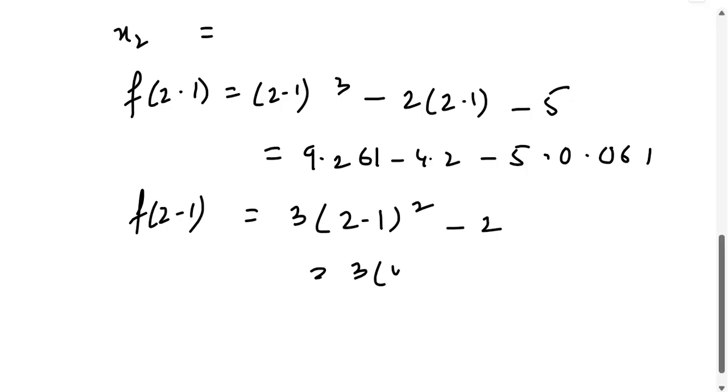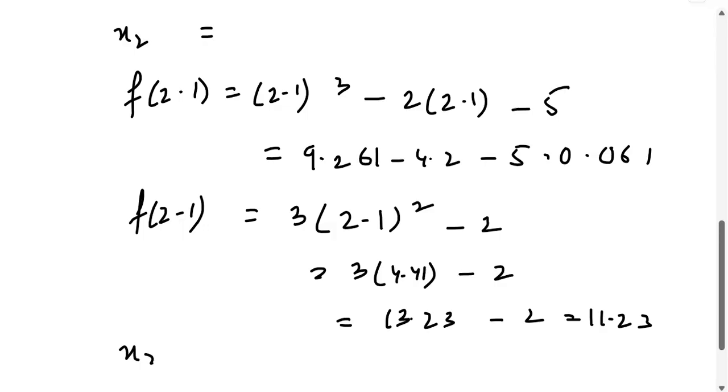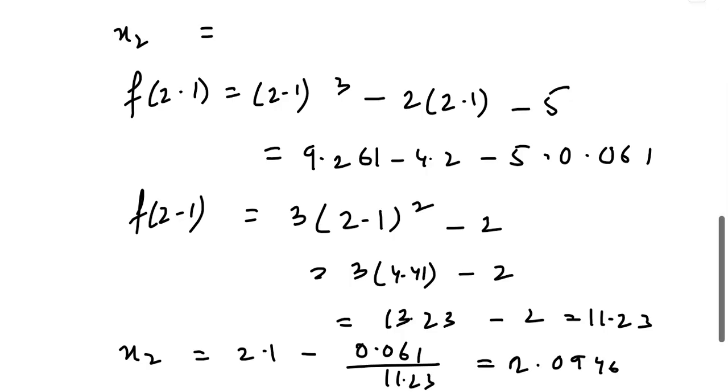So it is 3 times 4.41 minus 2. So it is 13.23 minus 2. So it is 11.23. So x2 is 2.1 minus 0.061 by 11.23. That is coming to 2.0946. Okay.